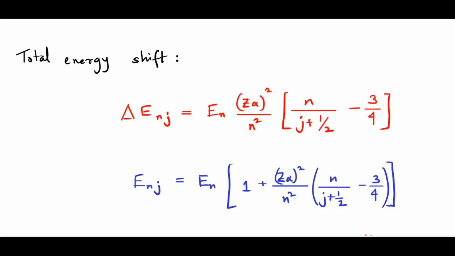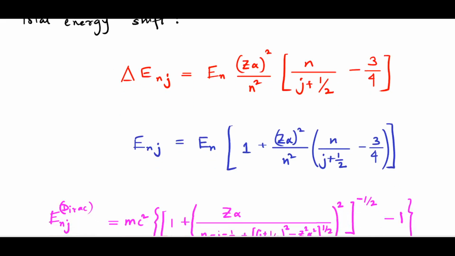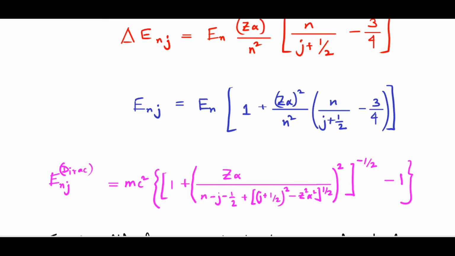The expression that you see in blue is actually the total energy of the level with quantum numbers n and j. It's of course what you get when you add to delta Enj the original energy En. Now the reason why I have written this is that this allows you to compare the result that we have obtained through perturbation theory to first order with the exact result which comes from the Dirac equation treatment of the hydrogen atom. And the Dirac equation expression is a bit more complicated, as you can see.